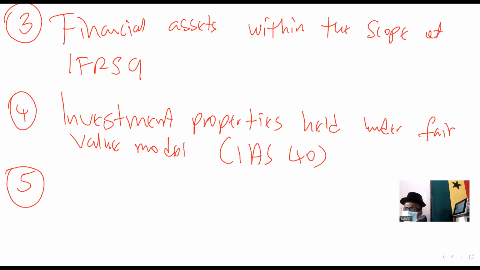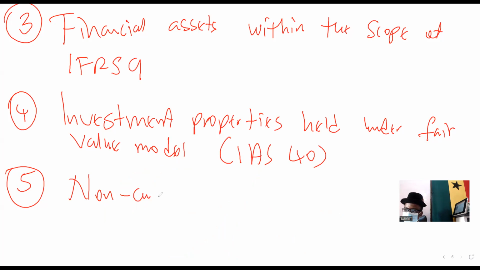Again, the item number 5 that we don't talk about here is non-current assets measured at fair value less cost to sell in accordance with what? IAS 41, agricultural produce.